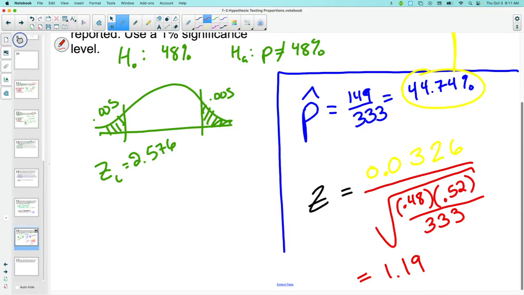I did not get that. This is just the denominator?